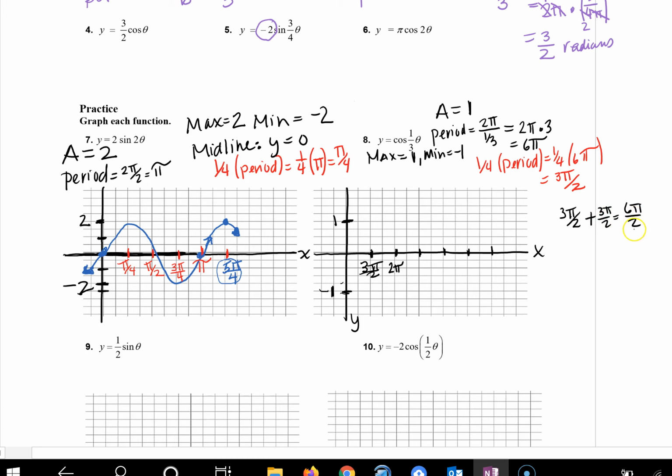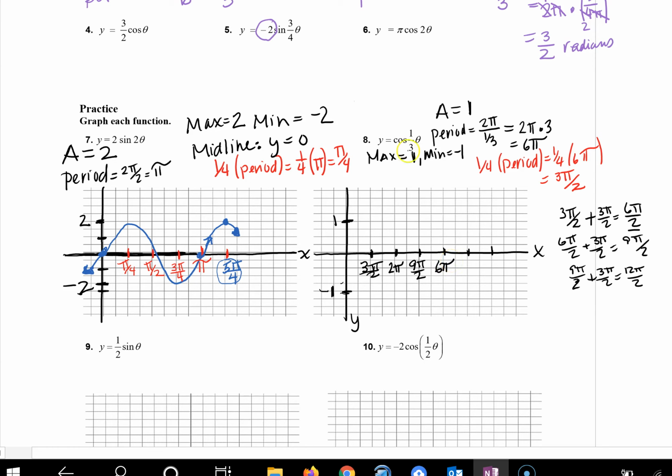That took me to 6 pi over 2. Add another 3 pi over 2, you're going to be at 9 pi over 2. Add another 3 pi over 2, you're going to be at 12 pi over 2, which is the end of your period, 6 pi.